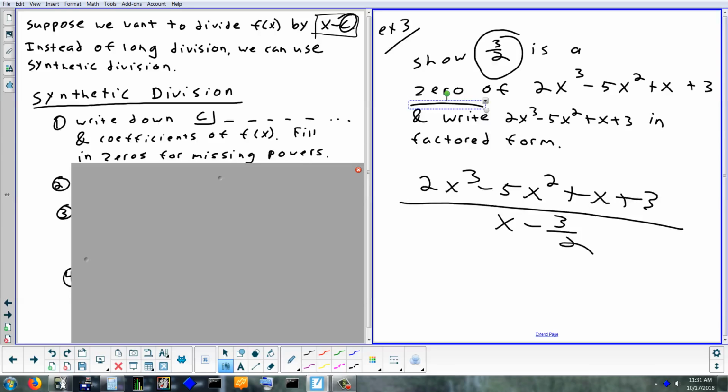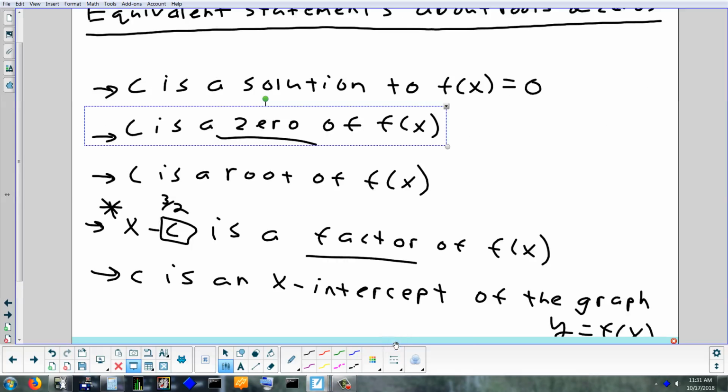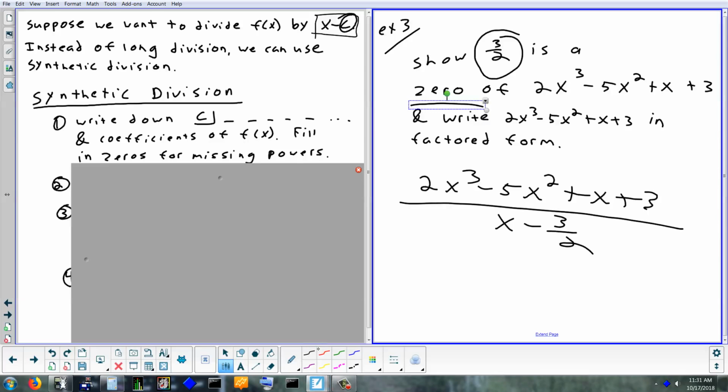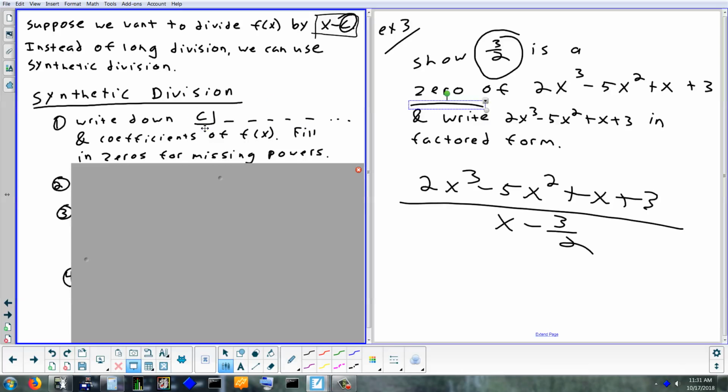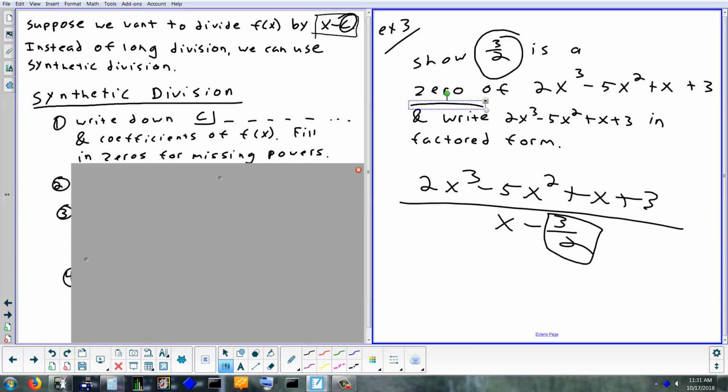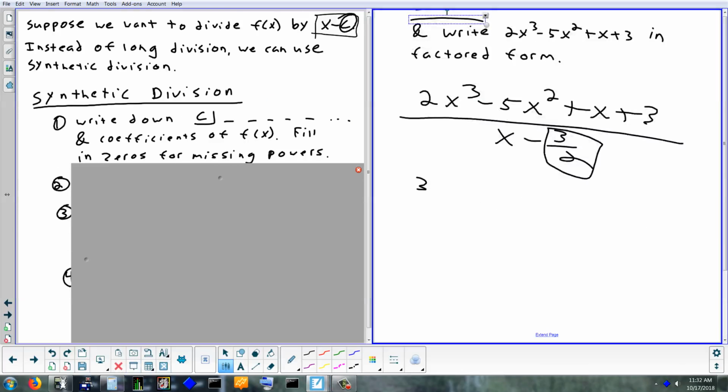I'm going to show that when I divide by the factor x minus 3/2, I get a remainder of 0. So you start by taking the root, which is the number after the minus sign, putting it on the outside of a bracket.